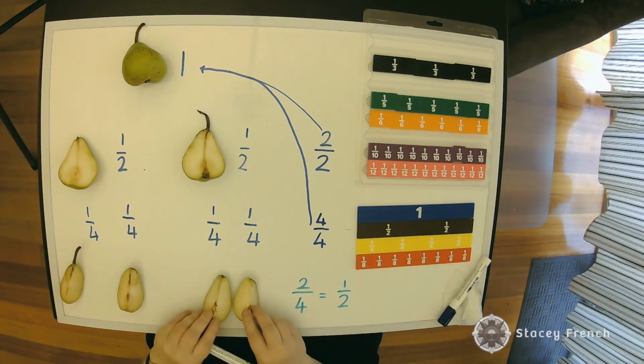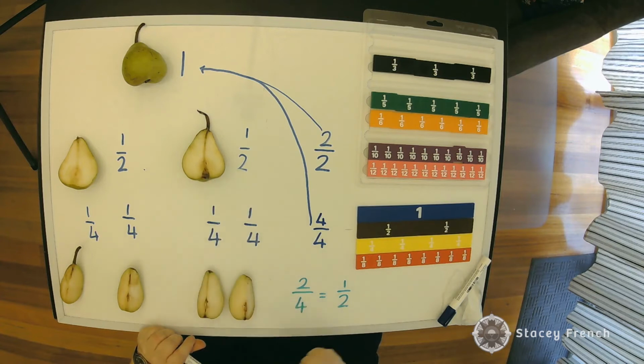It might take me longer to eat these 2 pieces, but I'm eating the same amount as that half a pear. So 2 quarters is equivalent to 1 half.